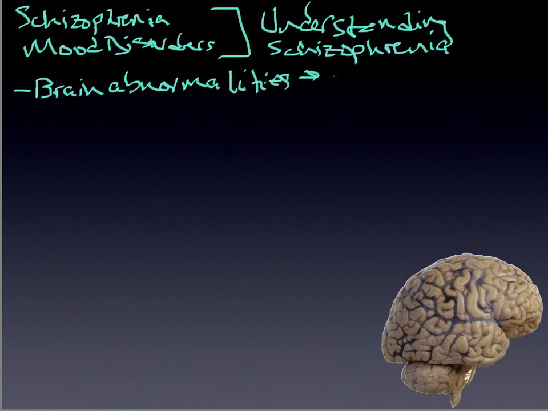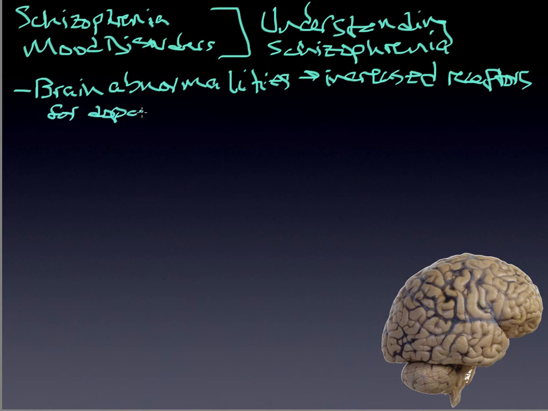Dopamine is the key, but there are too many receptors, so increased receptors for dopamine. That's one of the first ones that we have identified, and what we find is that certain medications that target this system seem to moderate some of the activity, some of the hallucinations and so forth.